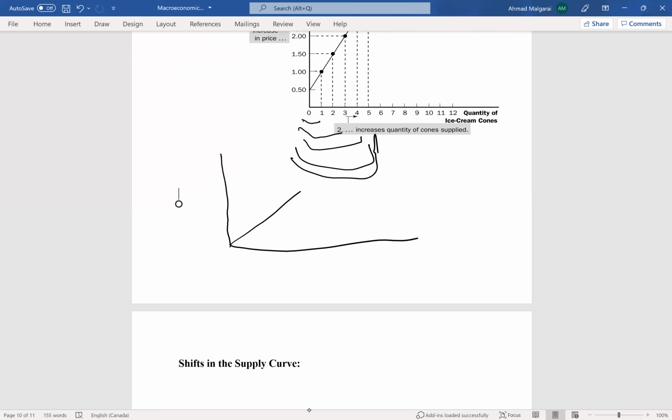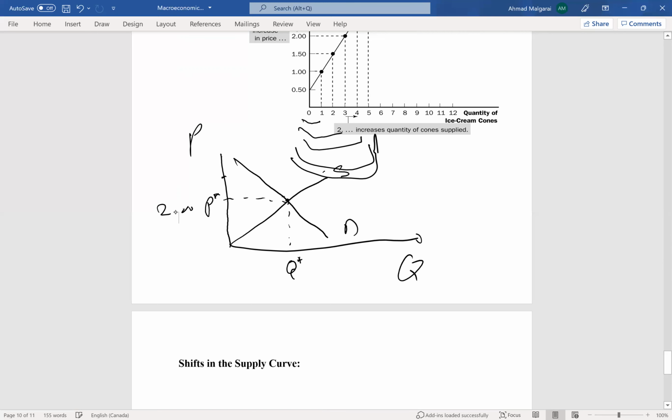We have a supply, and then a demand, and this is our equilibrium, Q star and P star, with price on one axis and quantity on the other. Let's say the equilibrium price is $2.